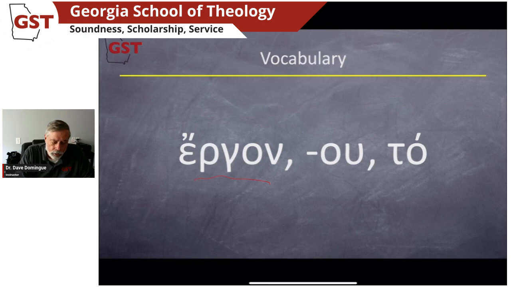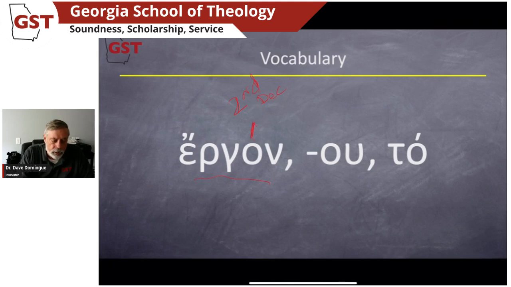Ergon. Ergon means work. I think that's right. I'm going from memory. Yeah, word, deed, or action. And notice ergon, I have my connecting vowel or stem ending as an omicron, so that is a second declension. I'd be asking you these as a test, to test your understanding if you were in the class.